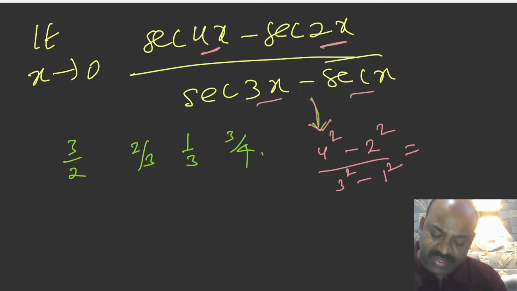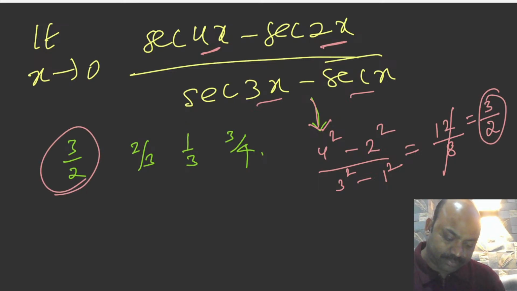So 16 minus 4 it is 12 by 9 minus 1 means 8. So cut means you will get it as 3 by 2. Clear? Beautiful question I want to give you.